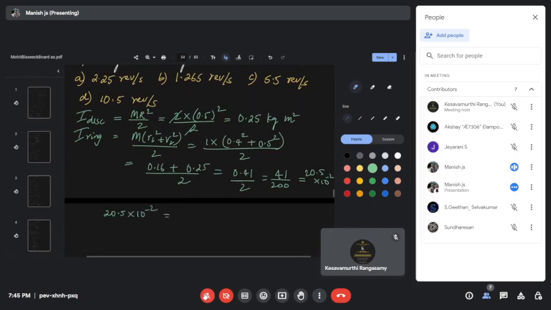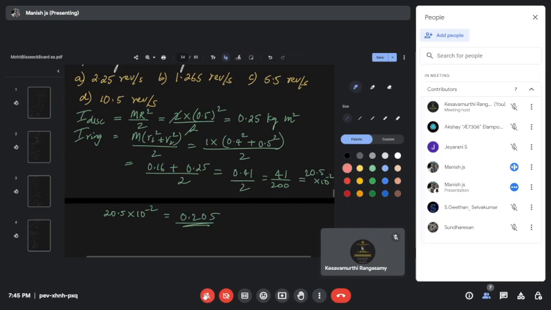Shifting the decimal places, you get 0.205.